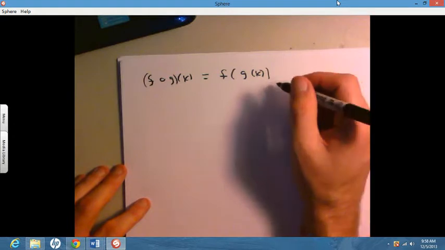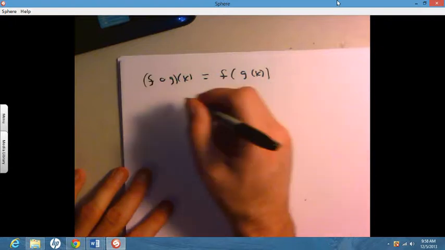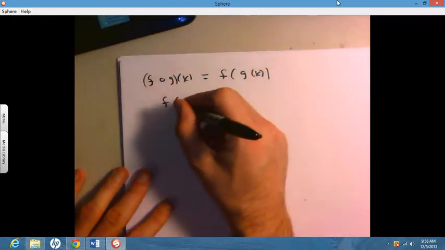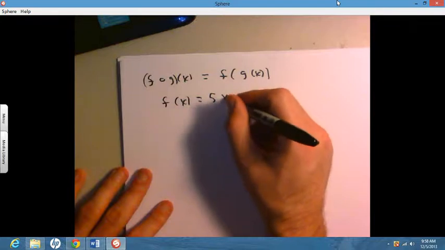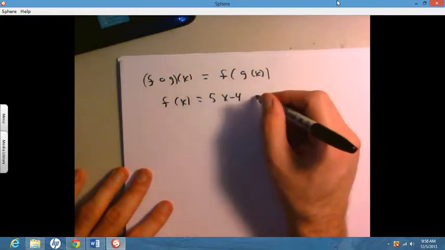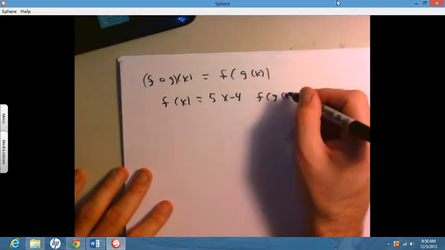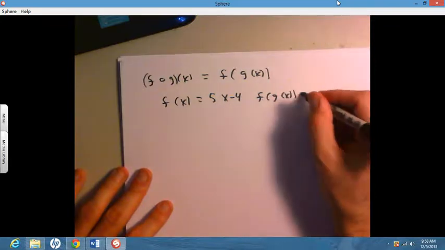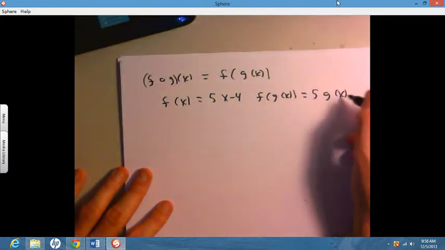Well, before we continue, we'll just note that f of x is equal to 5x minus 4. So f of g of x means anywhere I see an x, I'm just going to replace it by g of x, which is equal to 5 times g of x minus 4. Right?